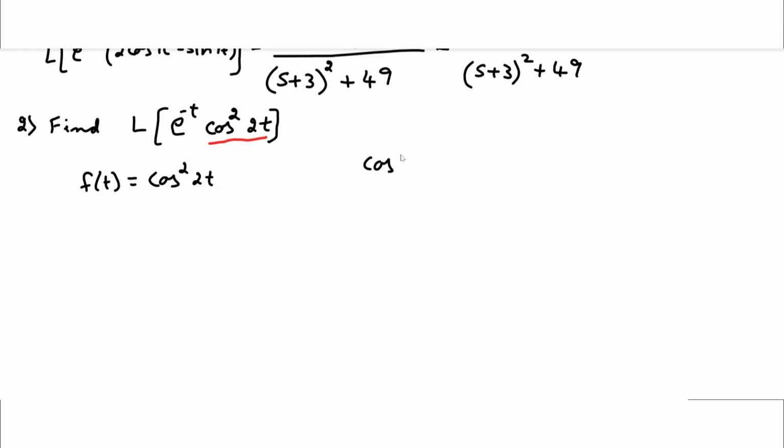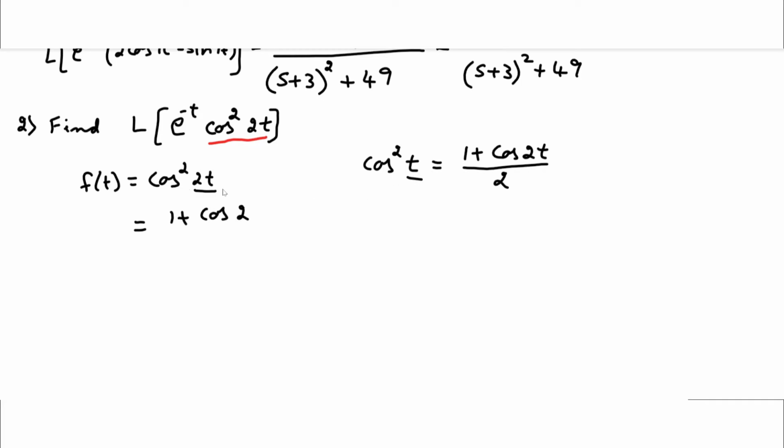So we know the formula for cos square of t to be equals to 1 plus cos of 2t divided by 2. Trigonometric function formula, cos square of t is nothing but 1 plus cos 2t by 2. So if I use that formula over here, I will be getting 1 plus cos of 2 times of t.